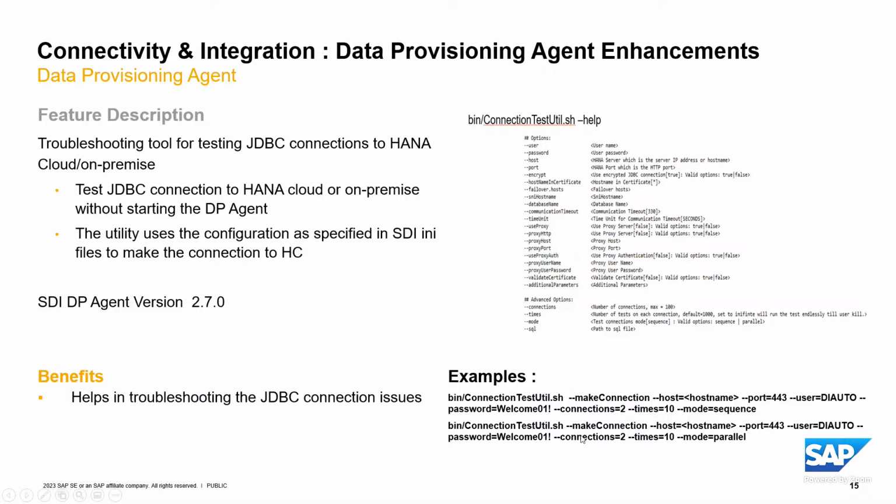So one is running in sequence mode and one is running in parallel mode. Basically, you can simulate your SDI agent connection to HANA without using the agent. You can test this and figure out where the issue is. This is for troubleshooting JDBC connection issues.